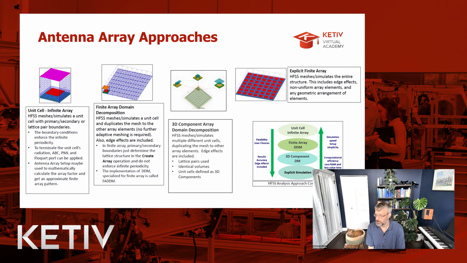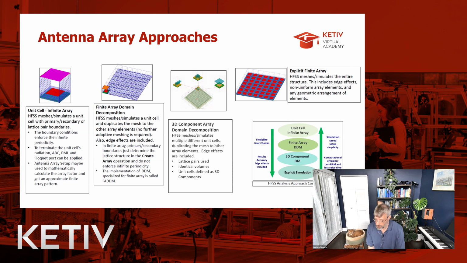You can have any geometrical arrangement of the elements, so you're not restricted there, and it includes edge effects and everything that you might want in terms of the output, but it also takes a lot more time and is computationally more intensive. HFSS tends to be RAM limited, so you can get to the point where you're running out of RAM or your model is too big for your machine.